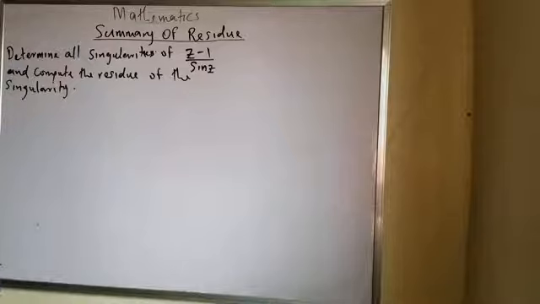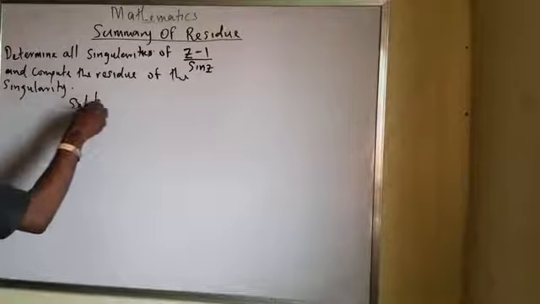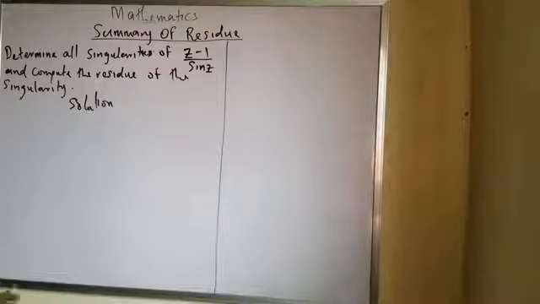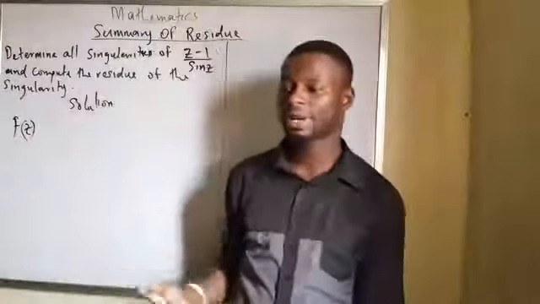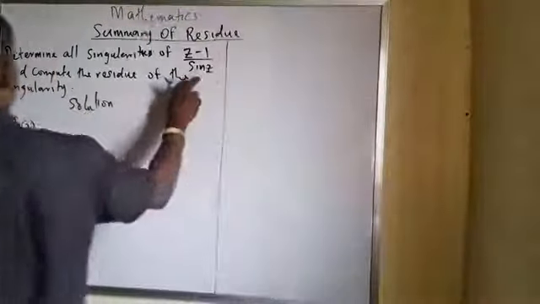Now, if I have a question this way, I want to solve it. Solution. The first thing I will know is that my f of z must be in form of z, because we are talking about complex analysis.